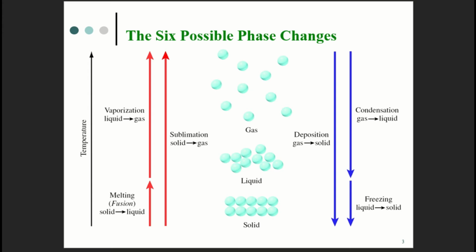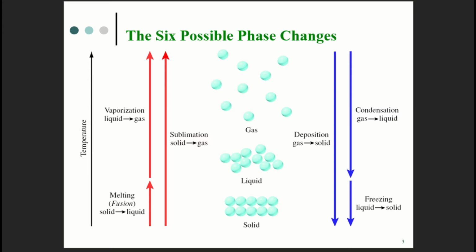So as you can see on this part, the red arrows show us that as the temperature goes up, the particles of matter gain energy from that heat, from the rise of temperature, and that causes them to change phase. On the other hand, the blue arrows show us that the temperature here is lowered.